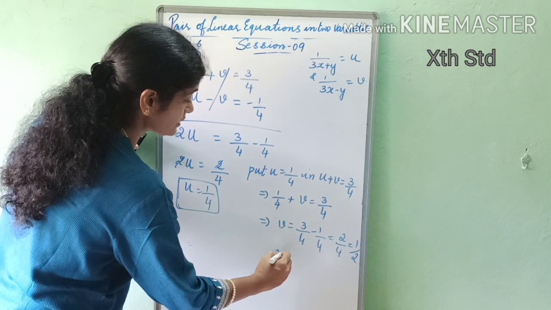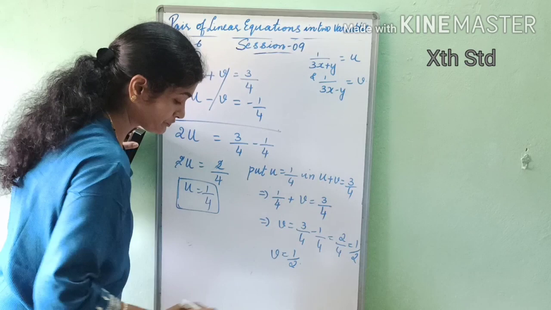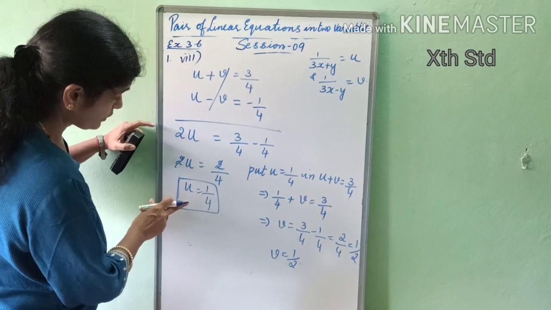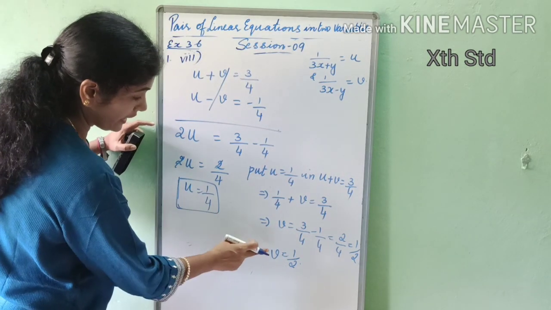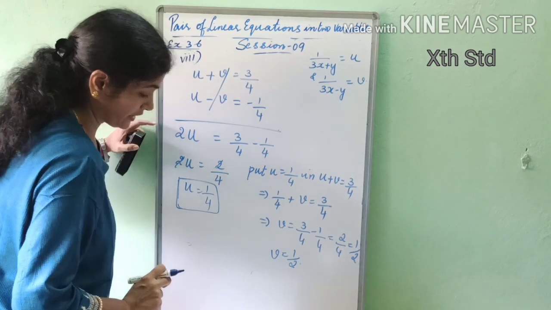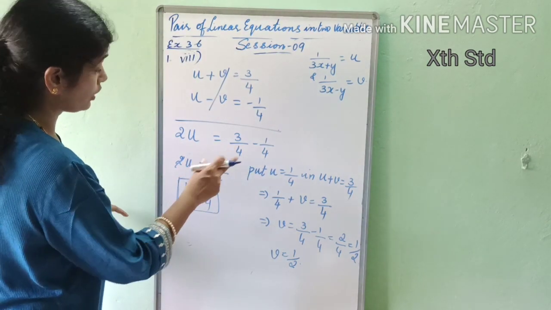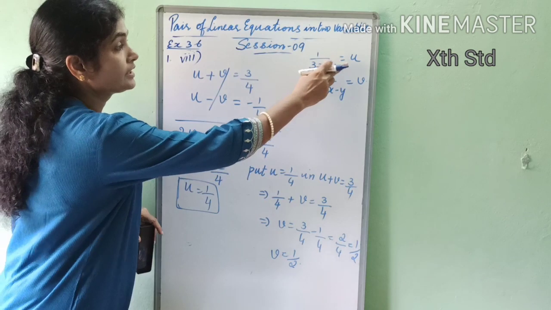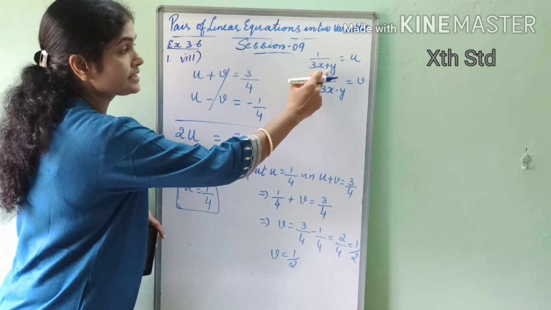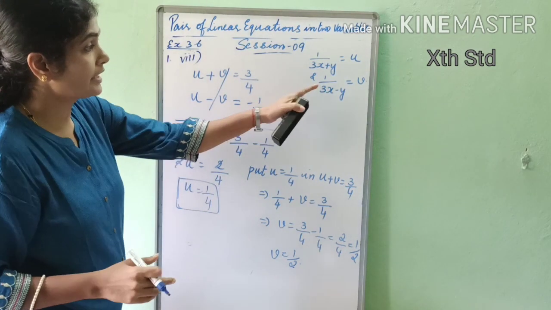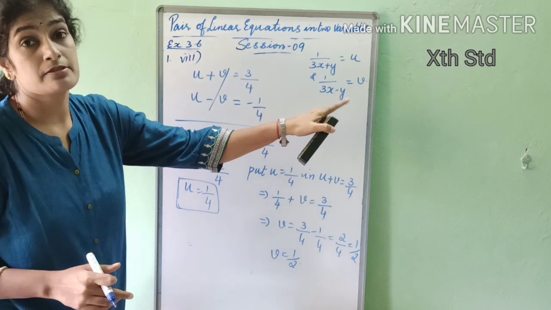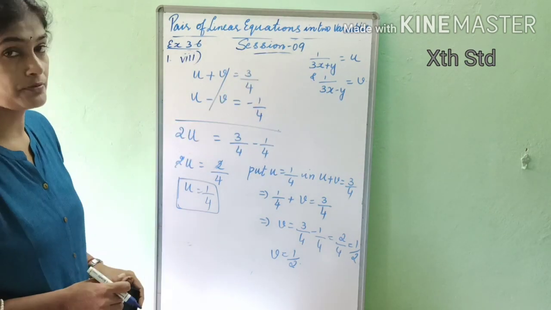So v is equal to 1 by 2. u is 1 by 4 and v is 1 by 2 we are getting. Fine. Now what is this u and what is this v? This u is 1 by (3x plus y) and v is 1 by (3x minus y). So we will substitute there.